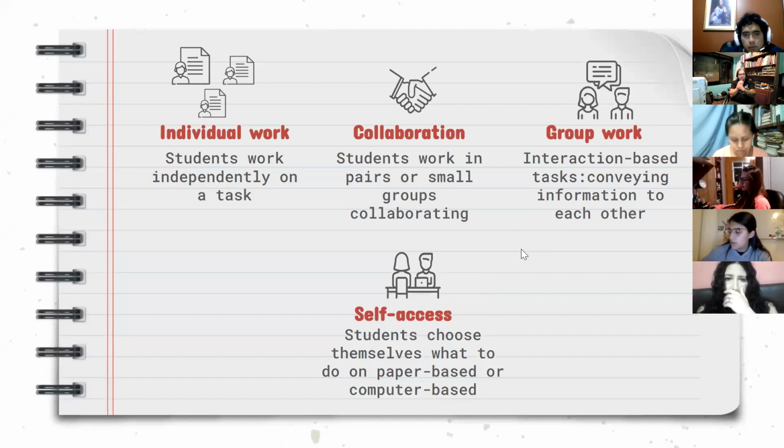Group work is based on an interaction task where you are going to convey information to each other. In this case, the students are going to talk, and it could be like decision making where they have to interact more. And self-access. In this case, students choose themselves what they want to do and work autonomously, on paper or computer-based.